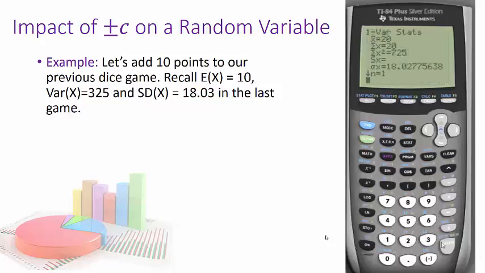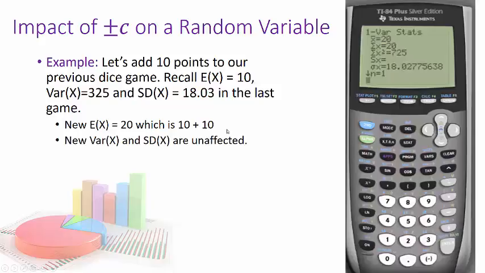Hit enter, and you can see that my expected value is 20, which makes sense because if I add 10 points, 10 plus 10 is 20. It doesn't really show variance here, but my standard deviation is exactly the same. So my new expected value was just obtained by adding 10 points.